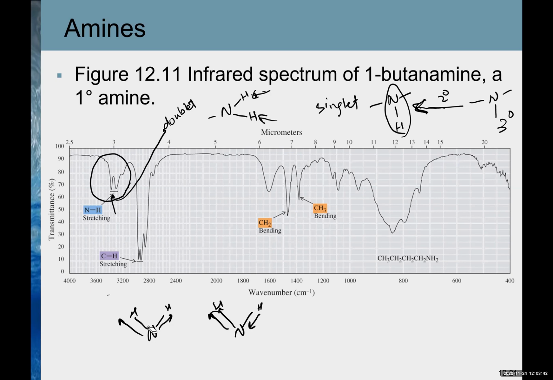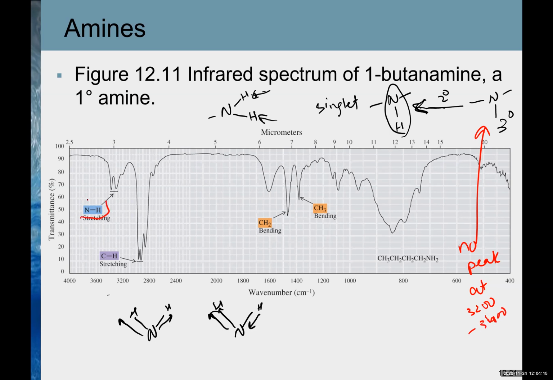Would it just not show? And why? Because we have minimal polarity. Your answer is half correct. Yes, you are correct. In a tertiary amine, there will be no peak at 3200 to 3400.